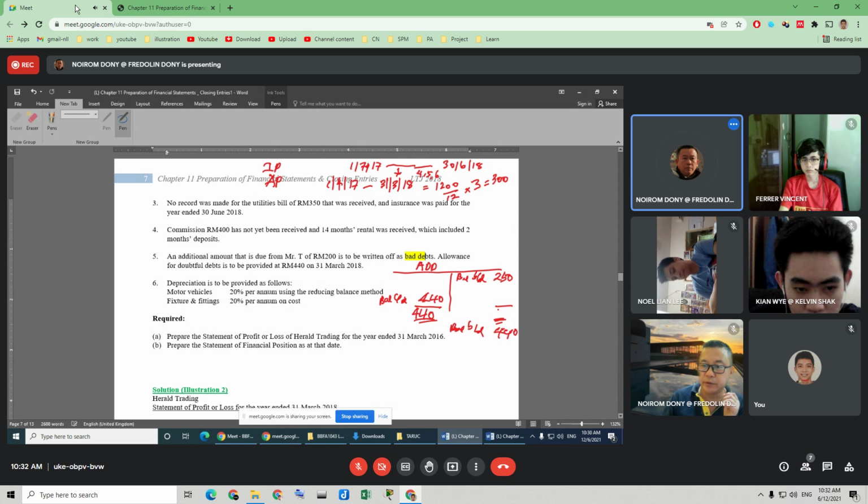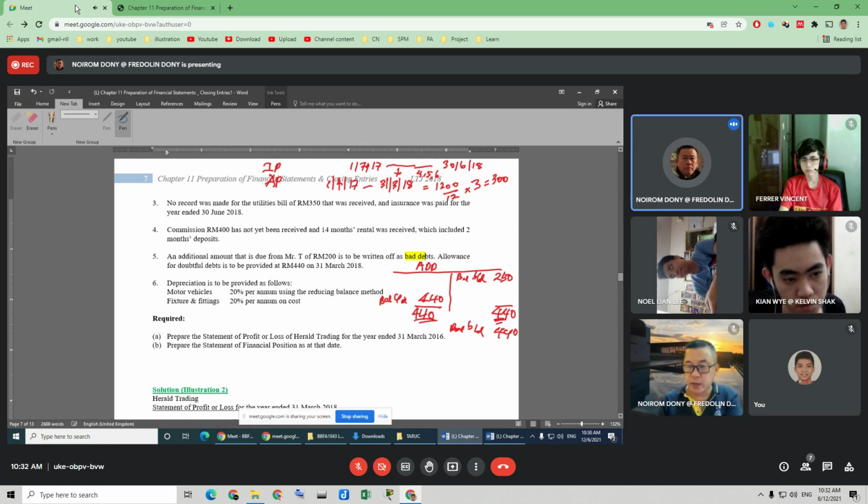Use that as your closing total. So this is an increase. Before 250, but now we have 440, an increase. So definitely your doubtful debts is an expense. The difference is 190. So 190, the balancing figure, will be on the credit side. So doubtful debts will be debited and ADD will be credited.